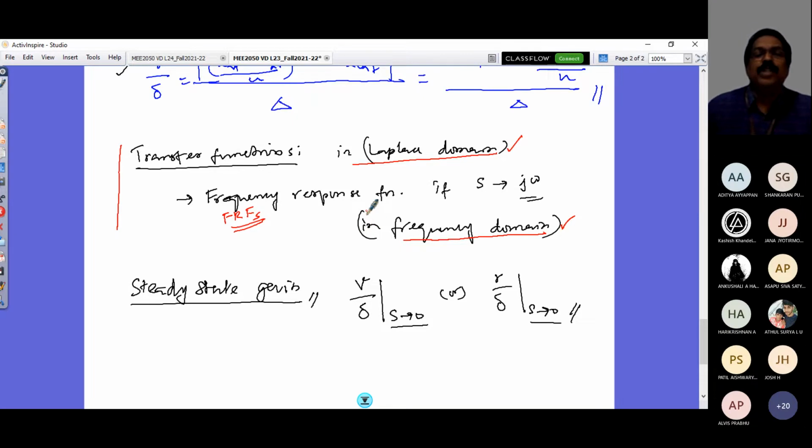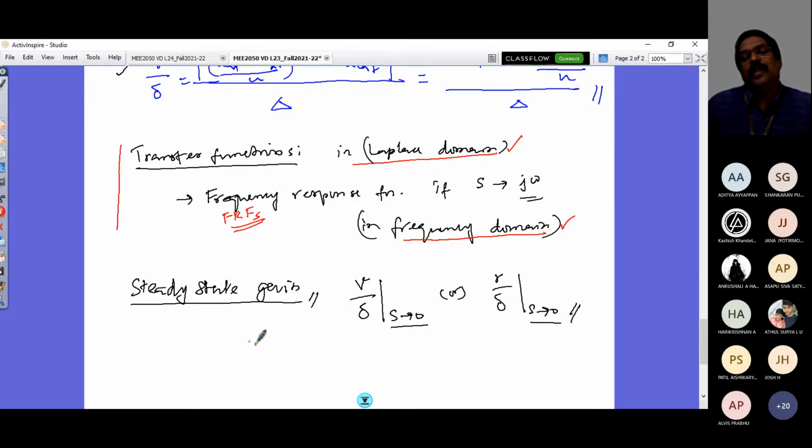And then what is steady state gain is what today we are going to learn. For that, I'll have to take my transfer function, and in that I have this s that I have to make into 0. Why? Because the steady state response of any system would be attained at t tends to infinity. There is a theorem called the final value theorem.